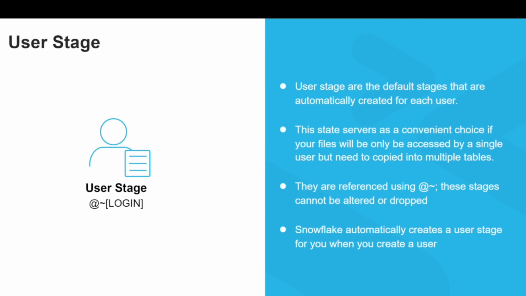It serves as a convenient choice if your files will only be accessed by a single user but need to be copied into multiple tables. They are referenced using the at sign and tilde, and these stages cannot be altered or dropped. As we discussed, Snowflake automatically creates a user stage whenever you create a new user.